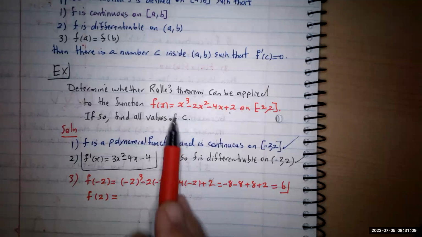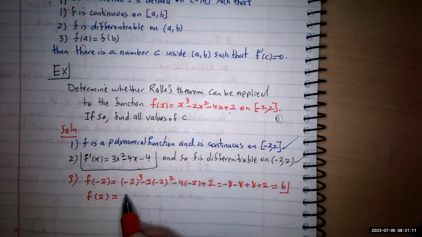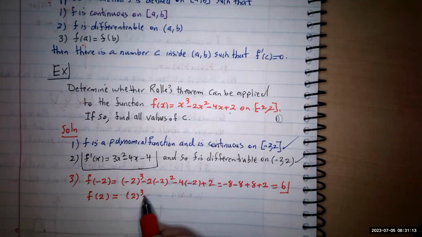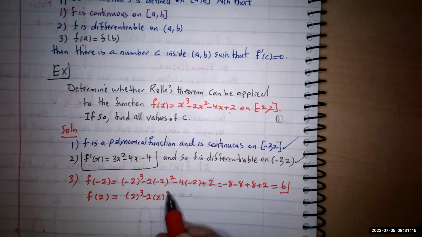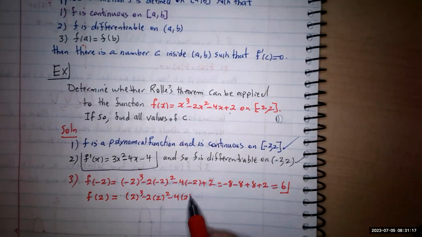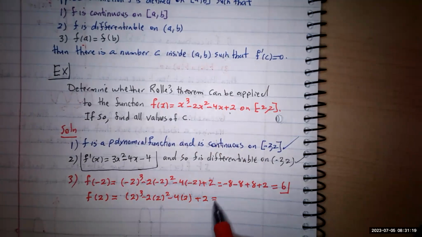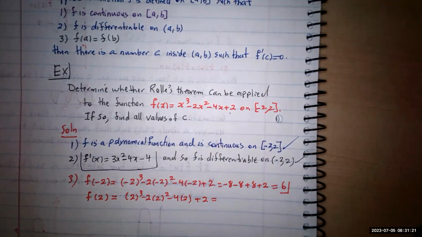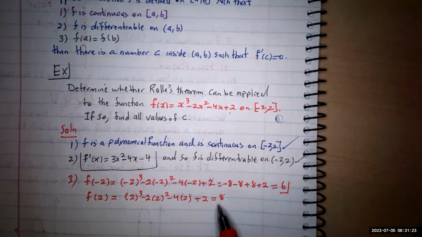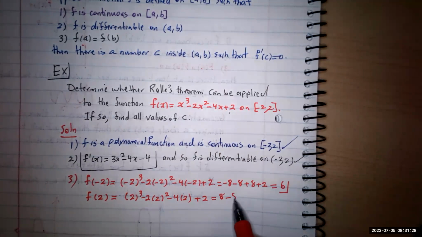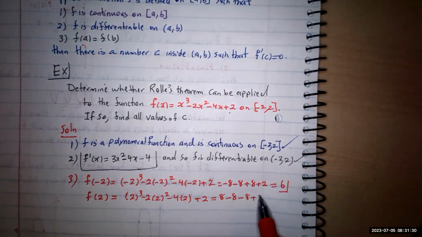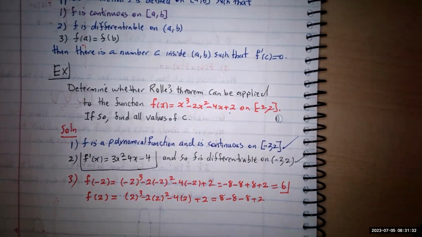same thing, substitute. That gives you 2 cubed minus 2 times 2 squared minus 4 times 2 plus 2. 2 cubed would be positive 8 this time. Minus 2 times 4 is minus 8. Then minus 8 plus 2. Again, these two would cancel out, and that gives you negative 6.